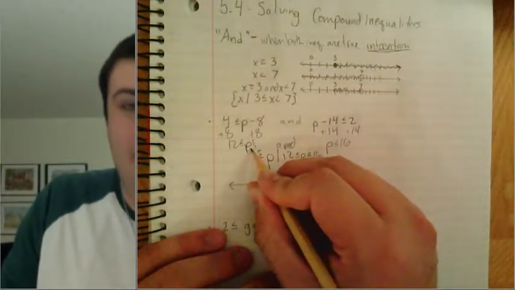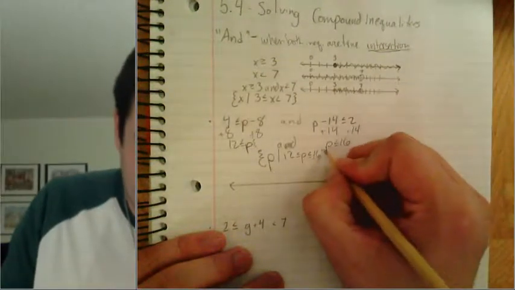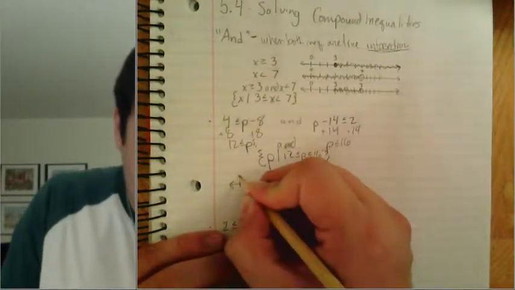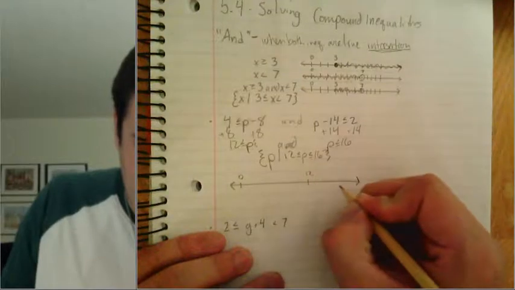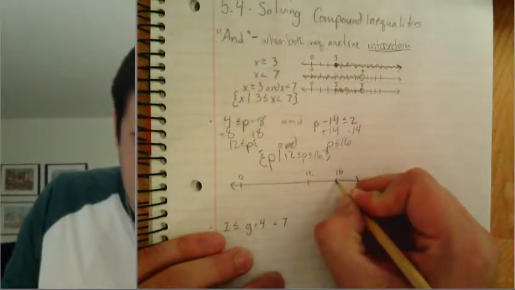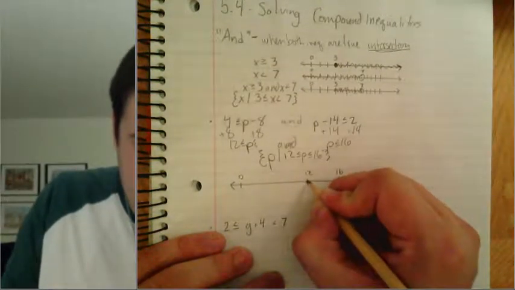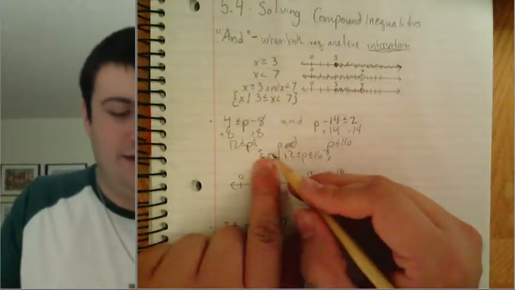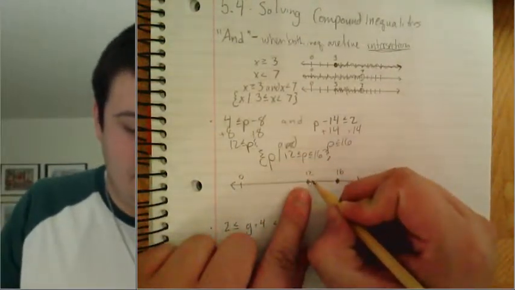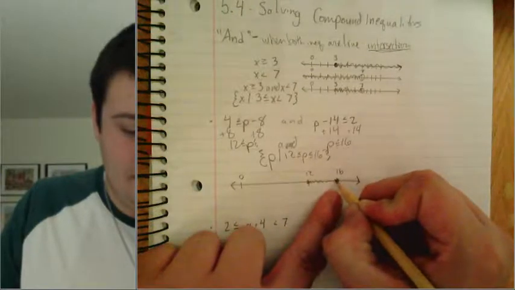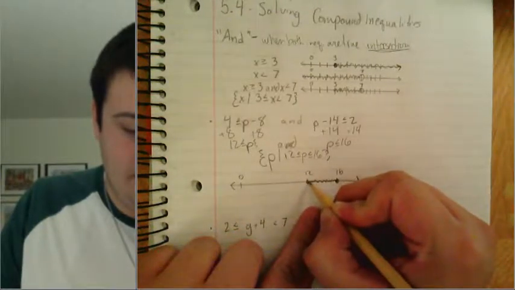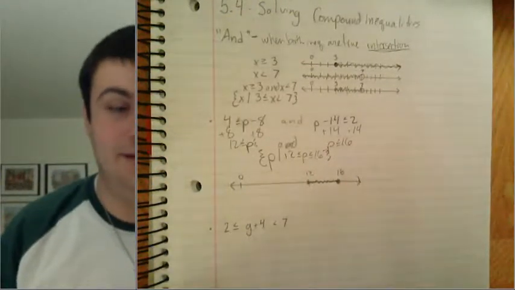I don't have to mirror that because we're putting it together. So when I graph, 12 and 16 are both closed circles. It would be the intersection of when p is greater than 12, which goes this way, and when p is less than 16, which goes this way, and we would shade in the middle.